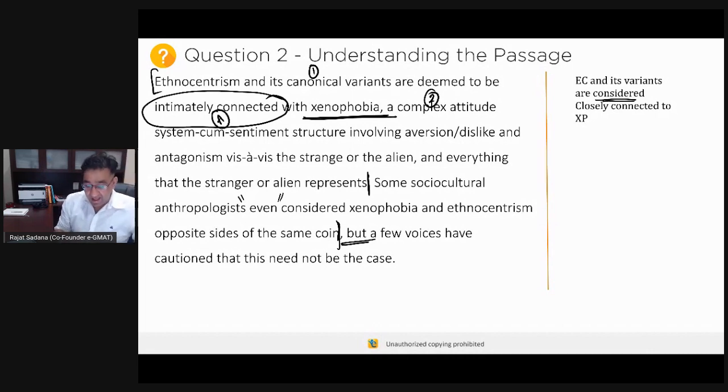Okay, and then he says, that's one piece, and then he says, actually, there is this group of people called some sociocultural anthropologists. They believe that the connection is so strong, which is where the word even comes in. Even considered XP and EC to be opposite sides of the same coin, which means they're kind of the same thing. So he's continuing his chain of thought when he writes even over here.